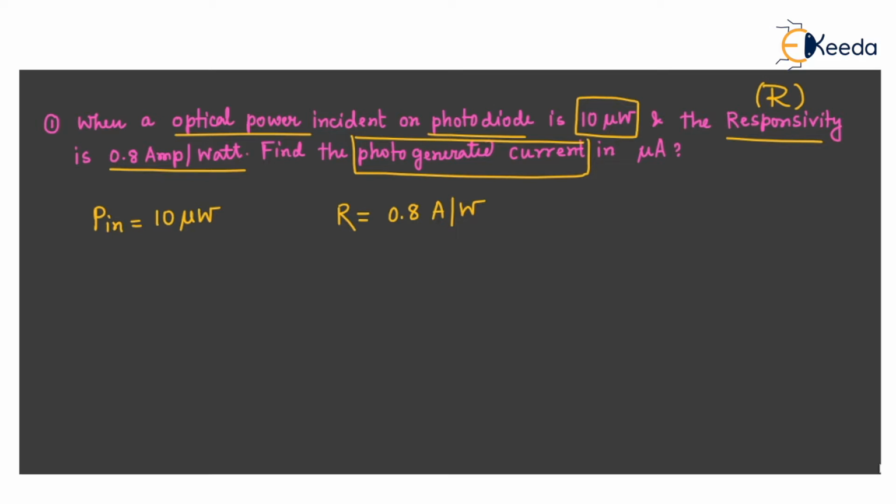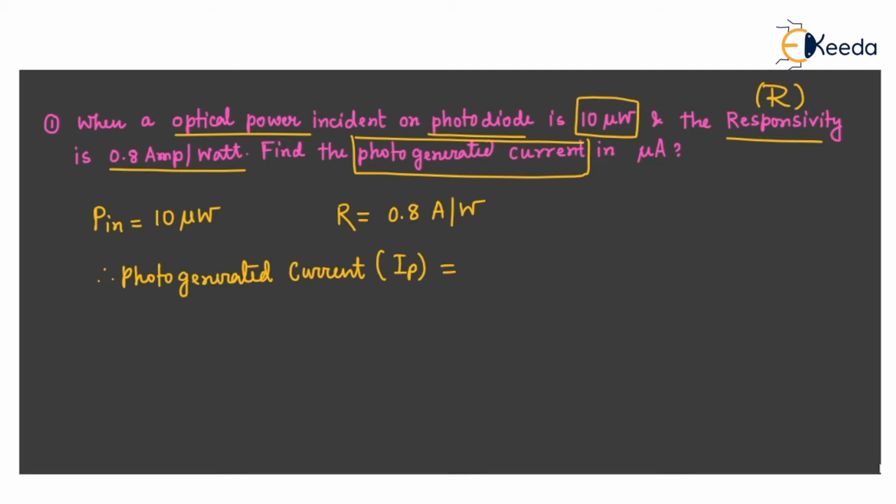We have to find the photo generated current, if we denote it as IP.